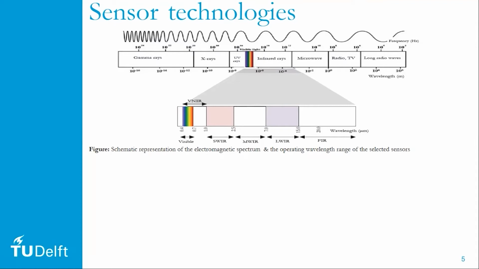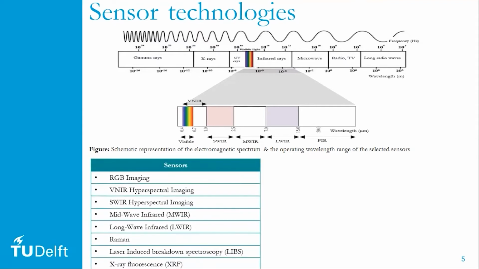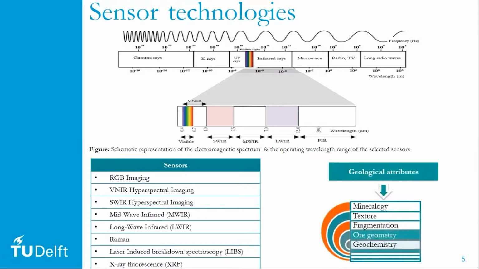So in our section, we use technologies including RGB imaging, visible near infrared, shortwave infrared, midwave infrared, longwave infrared, Raman, LIBS, and XRF techniques. And we use these technologies to generate information on the key geological attributes, such as mineralogy, geochemistry, fragmentation, or geometry.